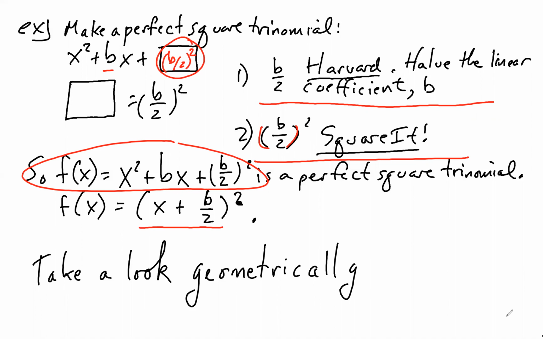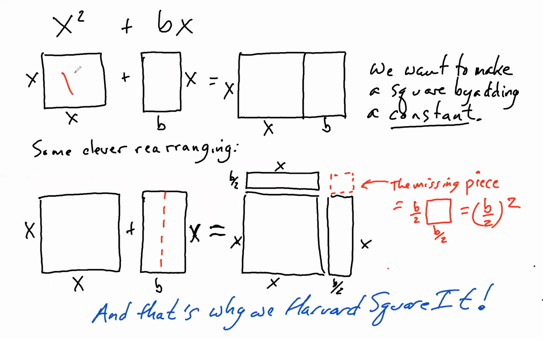Now this is x plus b over 2 squared, and then this constant term at the end, b over 2 squared. Why is that? Let's just take a quick look geometrically. I have x squared plus bx, and I'm wondering, what do I need to add to this to make a perfect square?